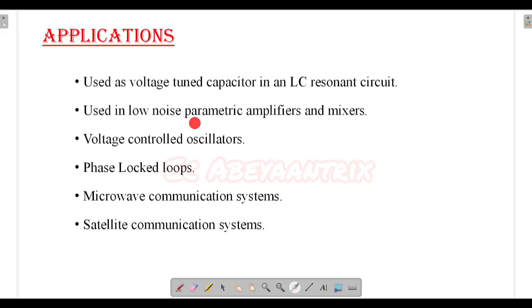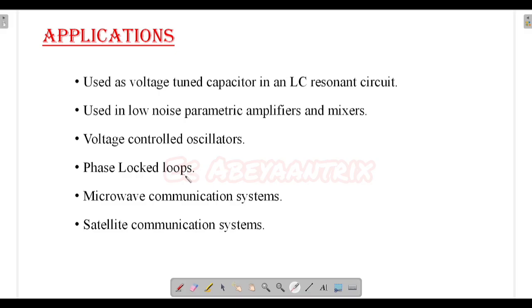Also in low noise parametric amplifiers and mixers, and in PLL, that is phase locked loops, where we have to lock a particular device to a particular frequency. There also this Varactor diode is used. And in microwave communication systems and satellite communication systems, it is used for tuning applications, right? So these are the main applications. So the key application here is tuning. Keep this point in mind.